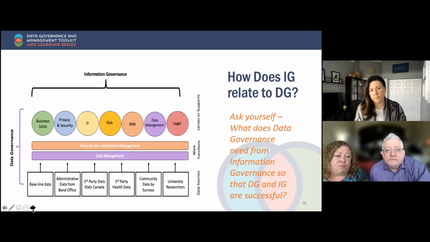So baseline data, administrative data from the band office or your executive offices, third-party data such as StatsCan, third-party health data, community data by surveys, university researchers. So I hope that this helps define for you that there is a difference between the two of them, and they both have governance protocols.